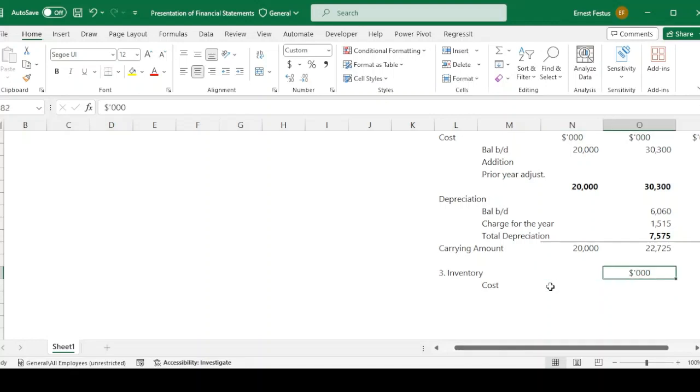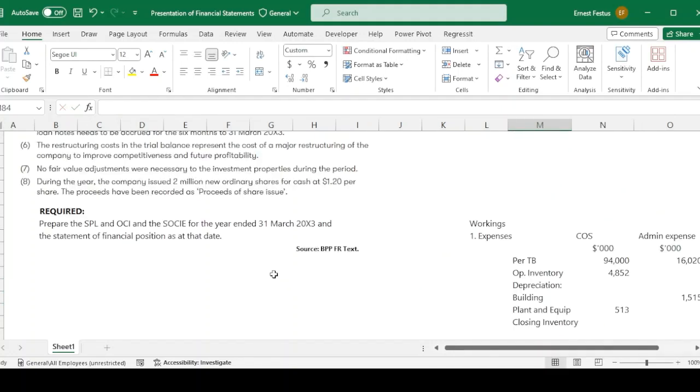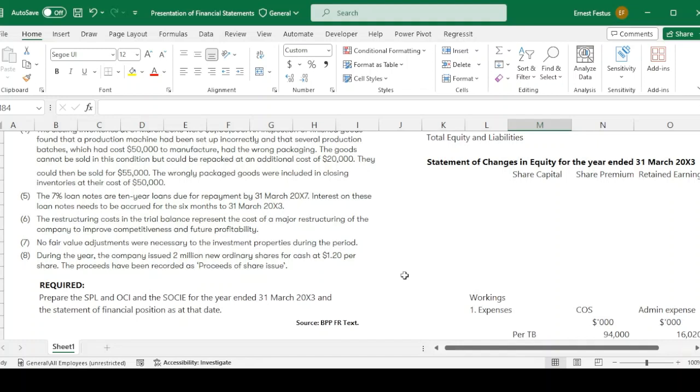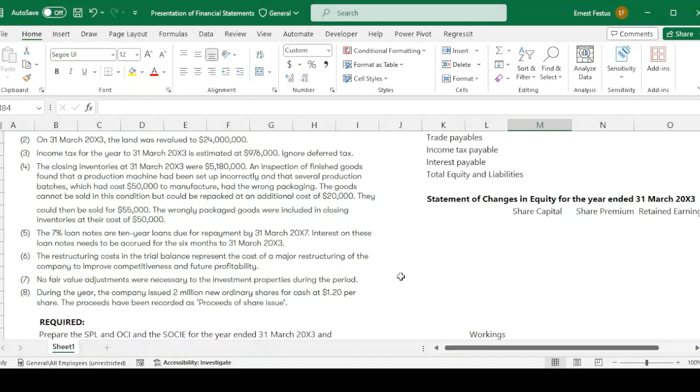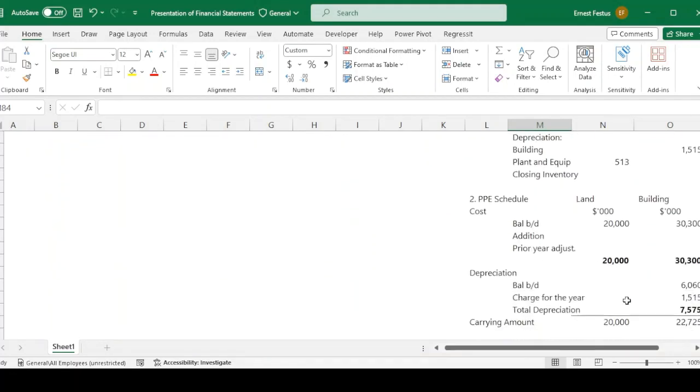So let me cut this and put it here. So I'll have my costs, which is 5180, and if you want to understand what I'm doing here, then it is advisable that after this video you go and revise your IAS 2 standard, which is inventories. So we have our cost there.